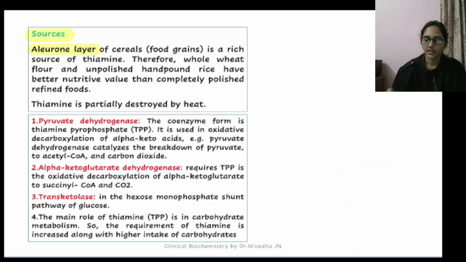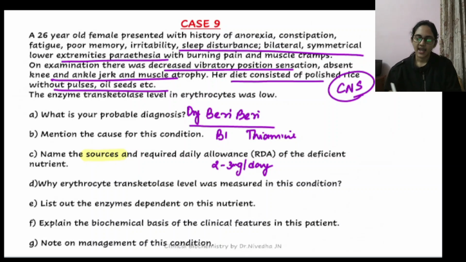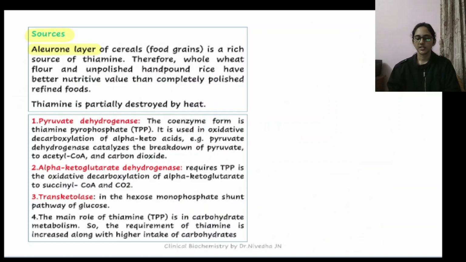So we have seen what the sources are. And what is the RDA for this? RDA is 2 to 3 milligram per day. And why is RBC transketolase level measured in this condition? You must first know about the enzymes that need thiamine as a cofactor: pyruvate dehydrogenase, alpha ketoglutarate dehydrogenase, and transketolase. These are the three enzymes.